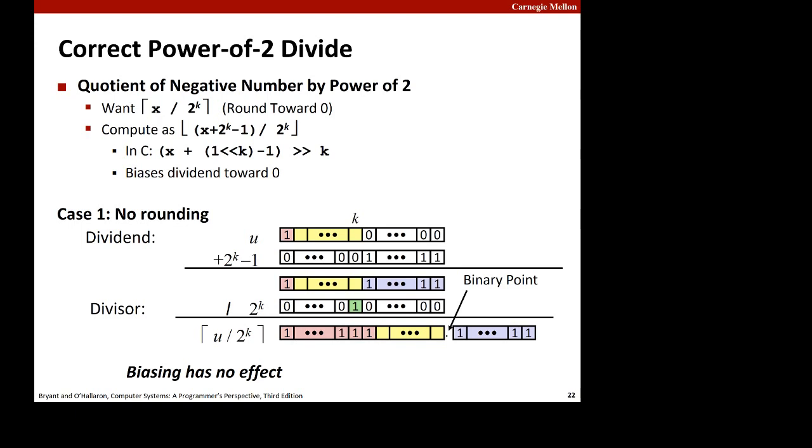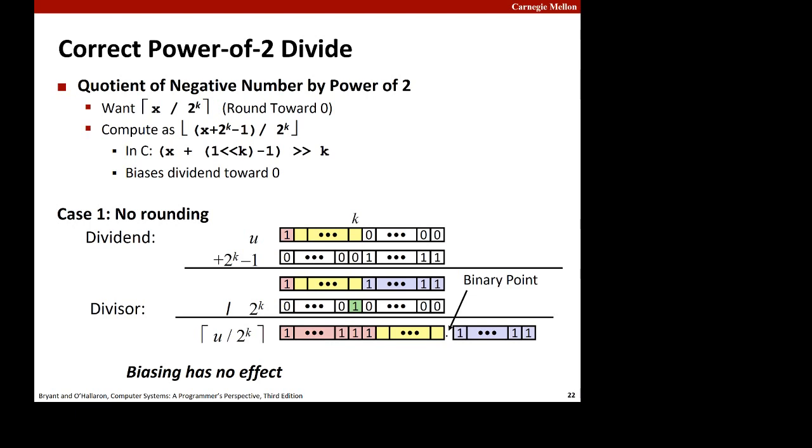By adding the number that's actually 2 to the k minus 1, which is a number that has all ones for these lowest k bits. And what that has the effect of doing is, when I add that, if this original number was all zeros, which is what's shown here, and I add a bunch of ones to there, nothing's going to happen.